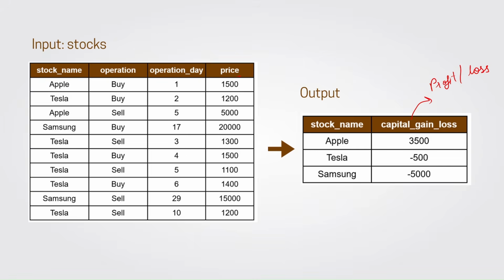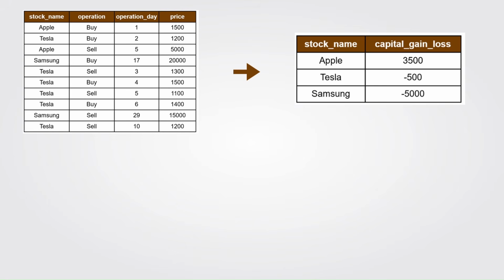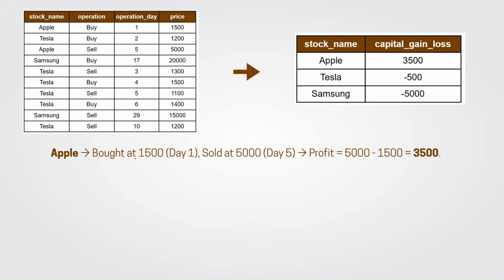Now let's understand how this output has been derived from this input table. First of all, take a look at the rows in your input table for the stock name Apple. As you can see, the stock was bought at price 1500 on operation day 1. And in the third row, you can see that it was sold on operation day 5 at the price 5000.